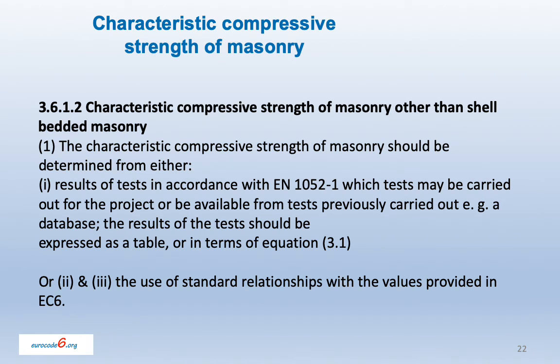The characteristic compressive strength of masonry may always be determined by testing in accordance with EN 1052 Part 1. In addition, the UK has used its historic database to provide, in the National Annex, the values that may be used in conjunction with Equation 3.1 of Eurocode 6.